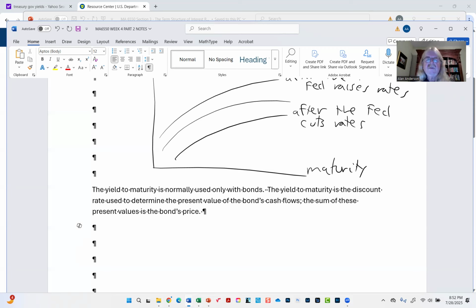The yield to maturity of a bond is close to the actual return earned by the bondholder.